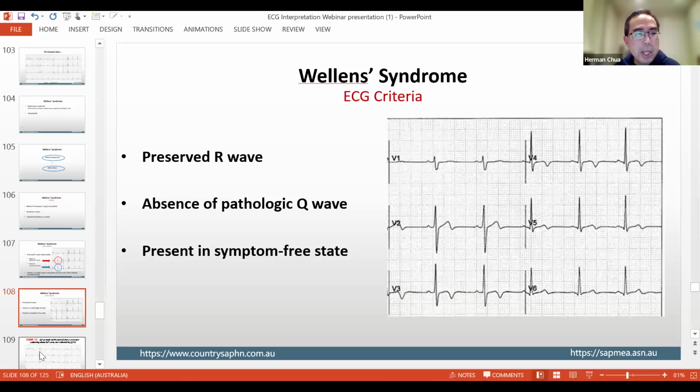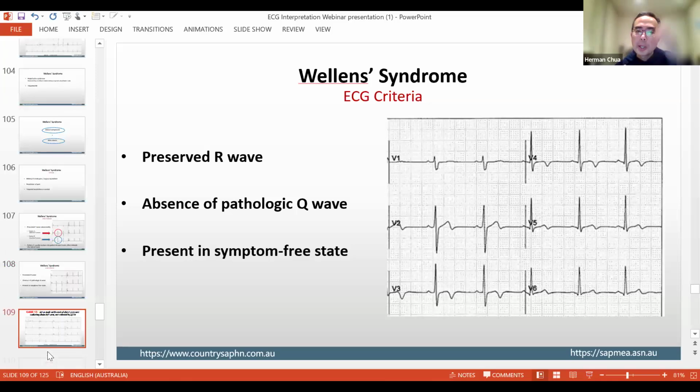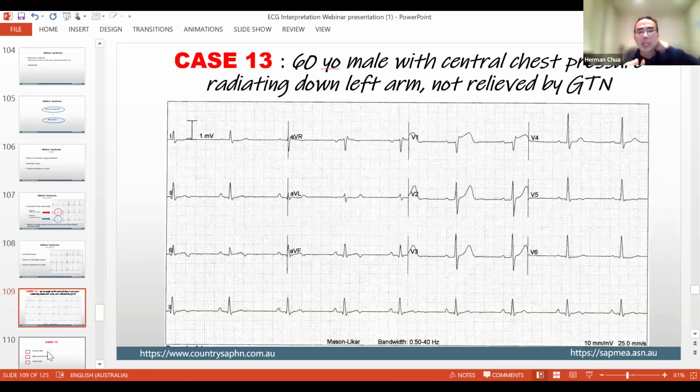So that's that. Okay, this is our second last case. 60-year-old, central chest pain that radiates down the left arm and not relieved with GTN. What do you see here? That's the poll up. So is this an anterior OMI? Is this a right ventricular OMI?